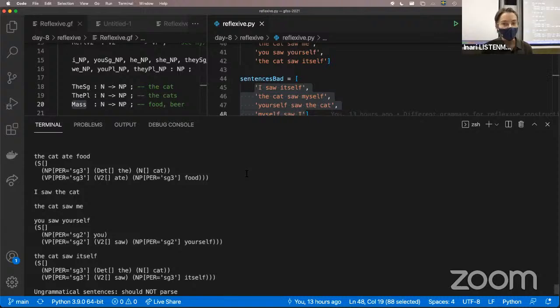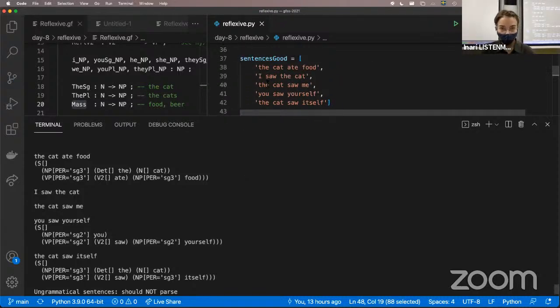So my goal is to emulate this GF grammar that only outputs grammatically correct things, and write a similar grammar using these feature structure context-free grammars in Python NLTK.